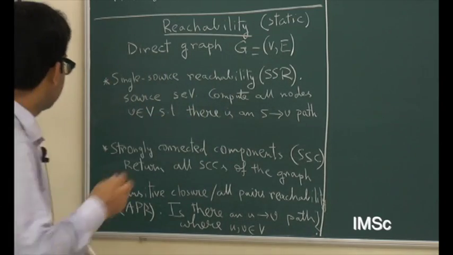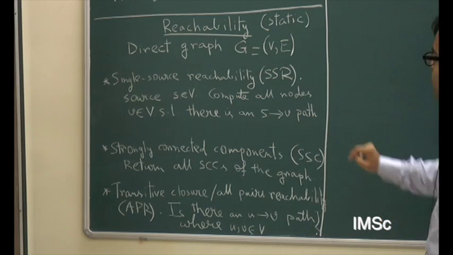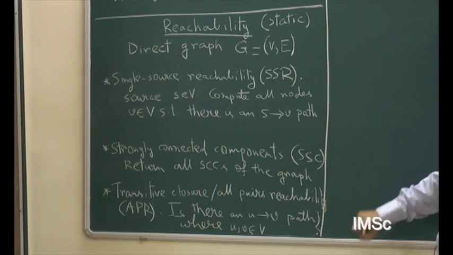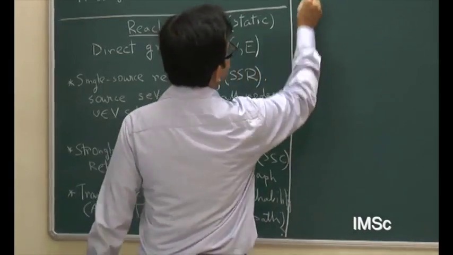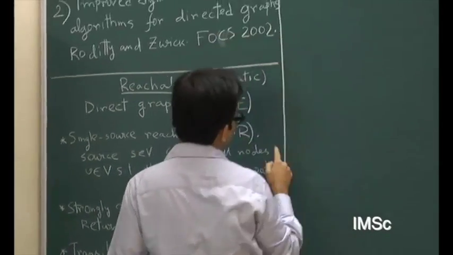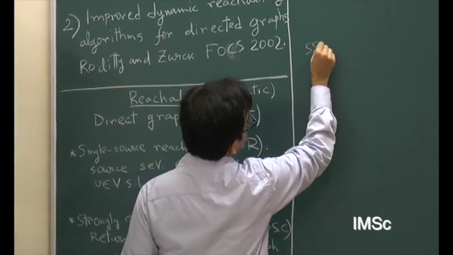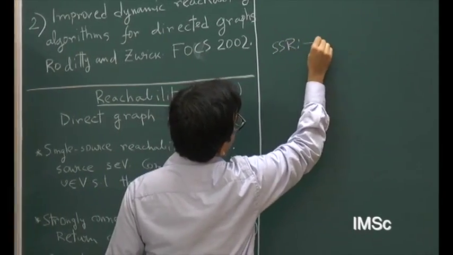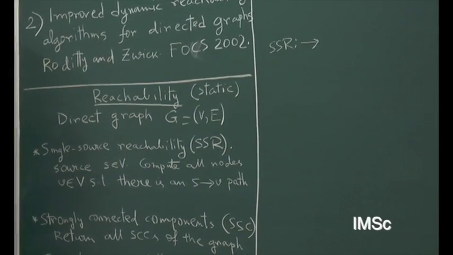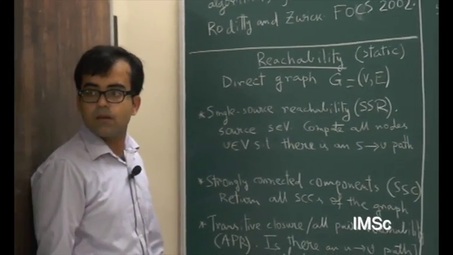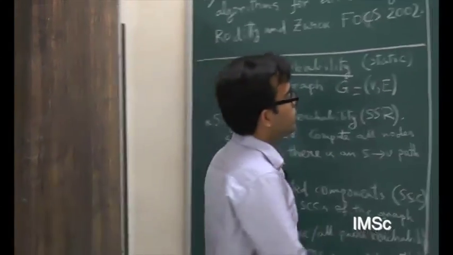Okay. So as I said, I will get back to this problem in a minute, but before, let us consider single source reachability and all pairs reachability. Quick question. In the static setting, what is the best running time for single source reachability? Yes, right.